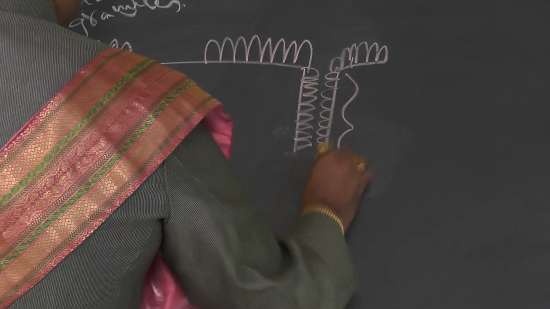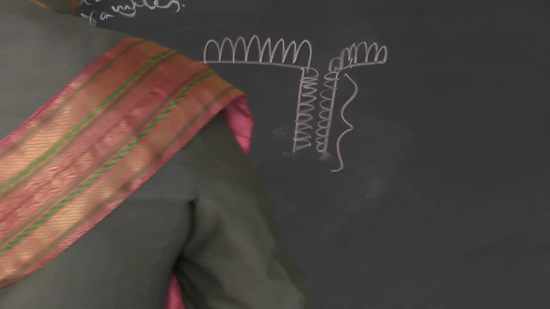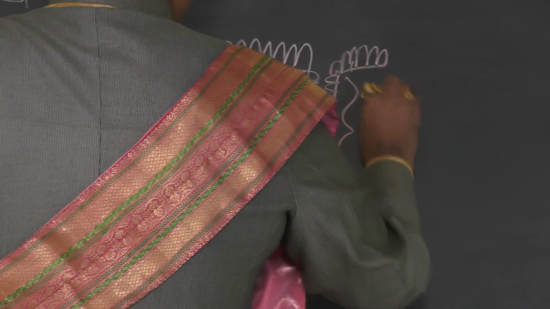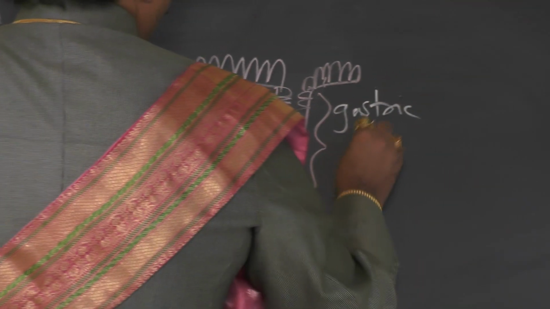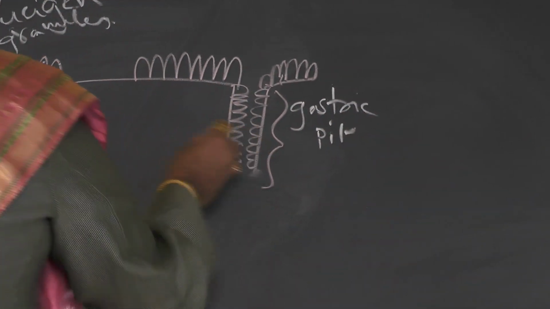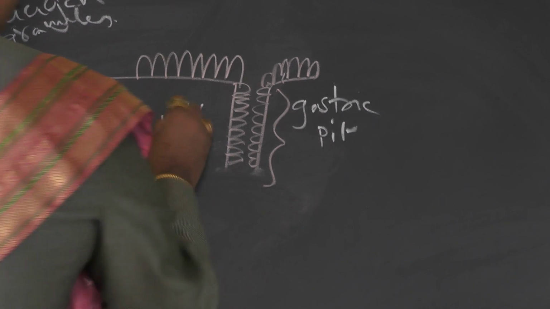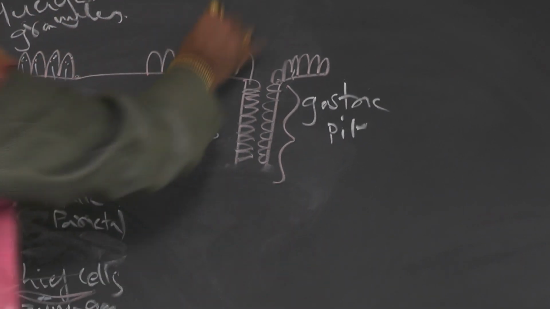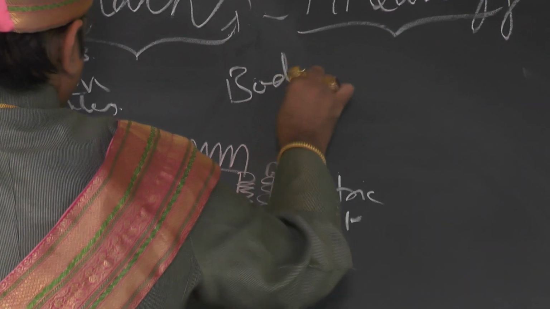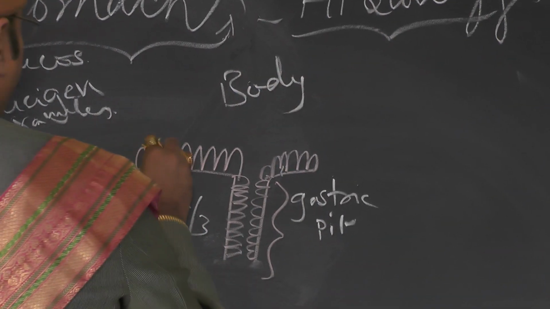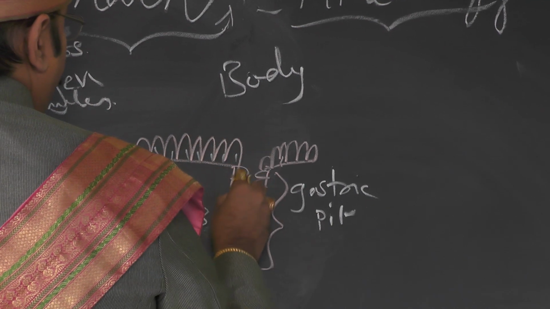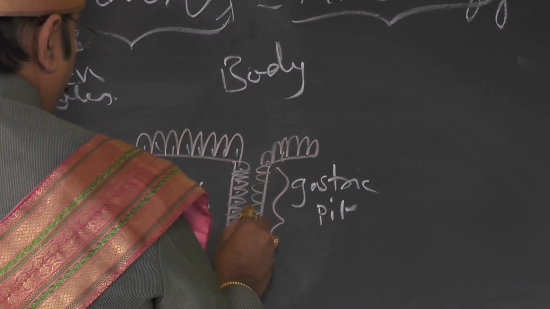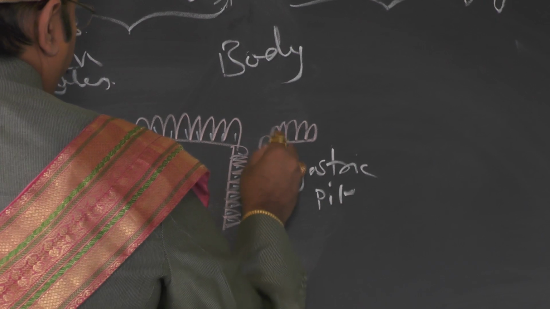Please observe the conducting part. This upper portion is now the conducting part, which is also called the gastric pit. This gastric pit is present only in the upper 1/3 of the lamina propria. Now we are talking about the body of the stomach. In the body of the stomach, you have the epithelium dipping into the lamina propria, and it forms the gastric pit.